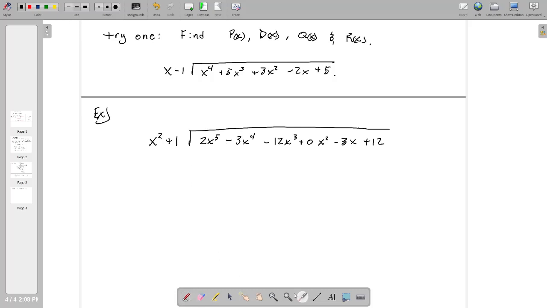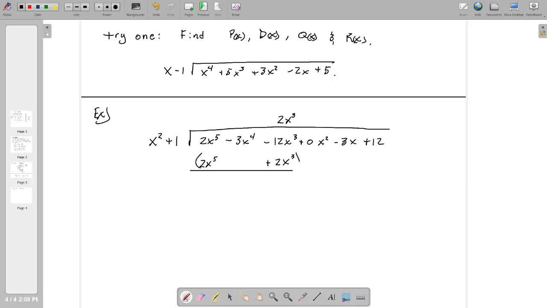So our first step is to figure out what we need to multiply by x squared in order to get 2x to the 5th. That will be a 2x cubed. 2x cubed times x squared will give us 2x to the 5th. 2x cubed times 1 will be plus 2x cubed.